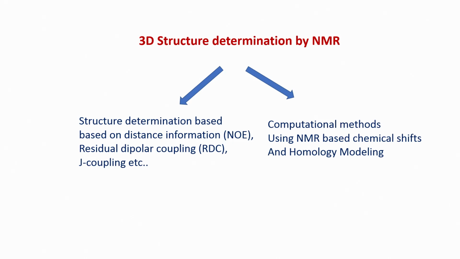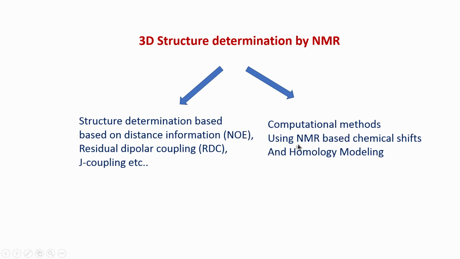Number 2, as I said, it is an iterative procedure. You have to give distance information, get a structure, find out what the violations are, why the distances are violated, what could be going wrong, and then go back, start again and look at a different set of NOEs or remove some bad NOEs, and so on. That takes quite a long time if you want a very good structure.